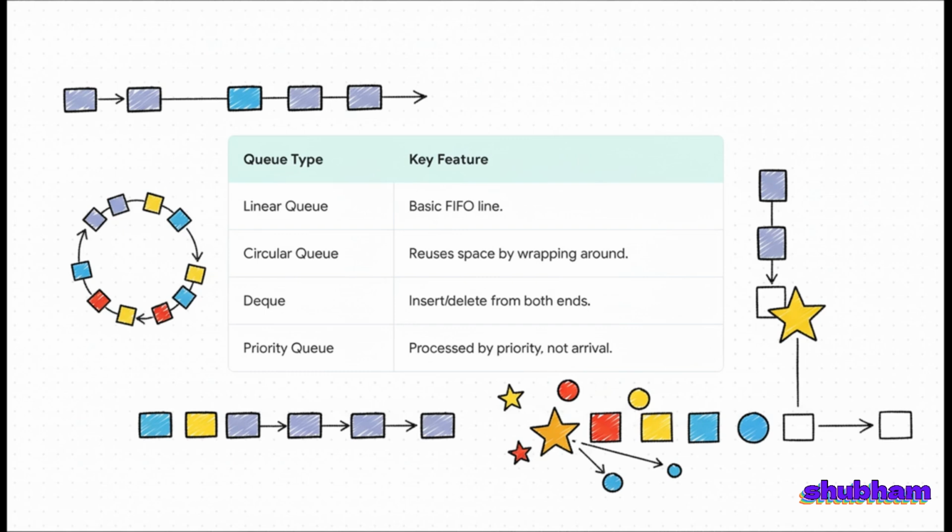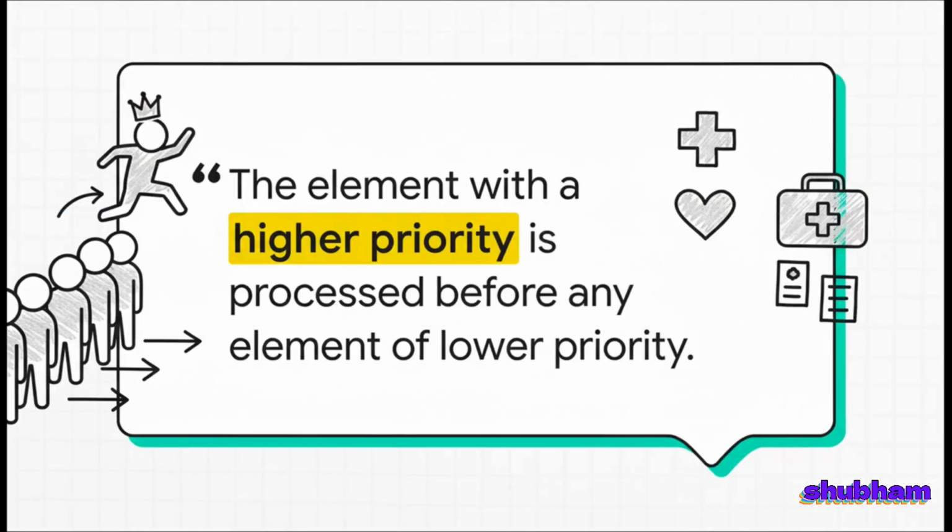Think of it like a line where people can join and leave from the front and the back. And then you have the priority queue, which actually breaks our main FIFO rule, but for a very good reason. See, in a priority queue, it doesn't matter who got there first, it's all about who is the most important. An element with a higher priority gets to jump the line and go straight to the front. The best analogy is an emergency room. Patients are treated based on how serious their condition is, not on what time they walk through the door.